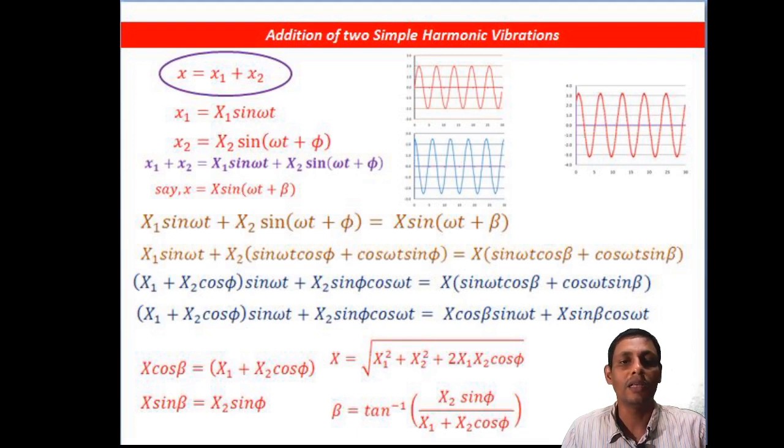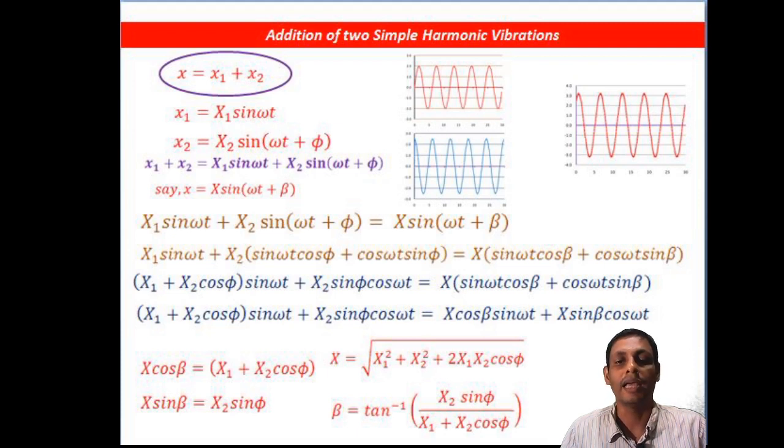So we are combining the coefficients of sin omega t, that is (X1 plus X2 cos phi) sin omega t plus X2 sin phi cos omega t on the left side, that is equal to, again combining the similar coefficients, capital X sin omega t cos beta plus cos omega t sin beta. Now what we are going to do is combine the sin omega t coefficients on one side, similarly the cos omega t coefficients on the other side, then we will equate them.